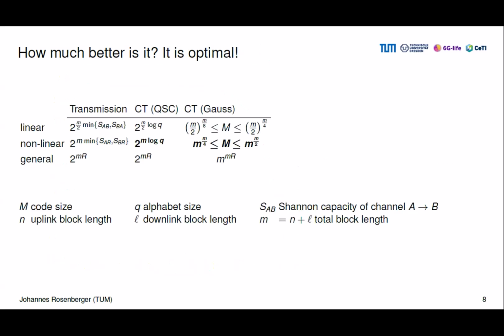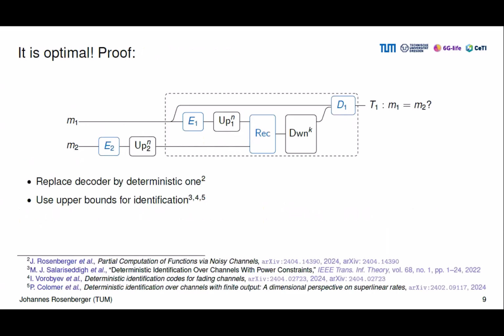We saw that what we did is better than our naive approaches, but that doesn't tell us there is not a better approach. So we want to know, of course, if it's optimal, and it is. And the proof is actually quite nice and easy, because you can just trace it back to an identification problem, so deterministic identification.